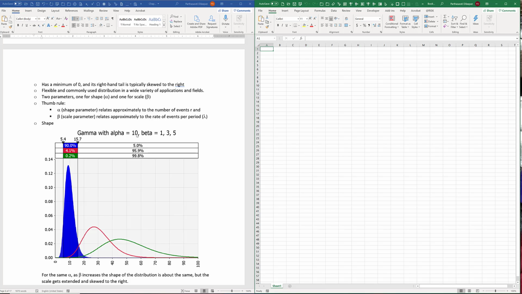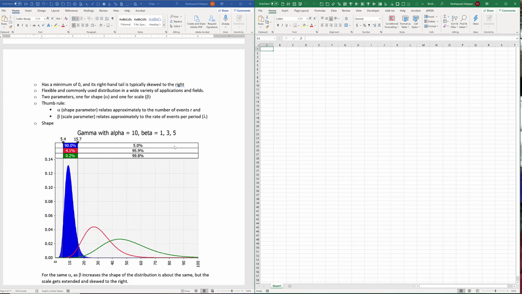So here are 3 different ones. For alpha of 10, the shape is kind of normal looking, and then beta of 1 is a very small scale, beta of 3 has a larger scale, and beta of 5 is an even much larger scale. So these are the 2 parameters, the shape and the size, and you try to fit as close as you can.